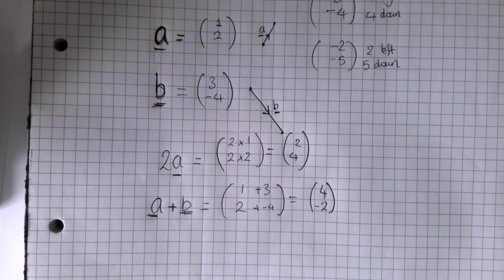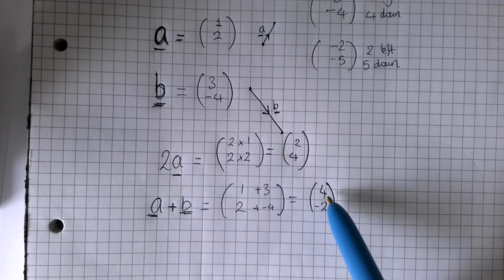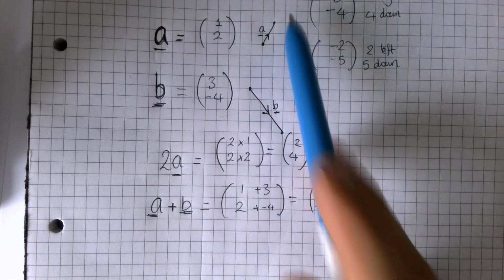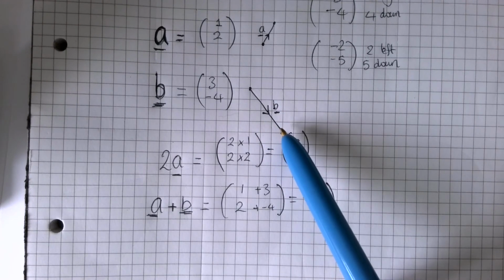So those are just visual representations of the vectors. Now you can apply vectors at any point and you can apply them together. So this new vector I have created there is the combined effect of a movement 1 to the right and 2 up, followed by a movement 3 to the right and 4 down.